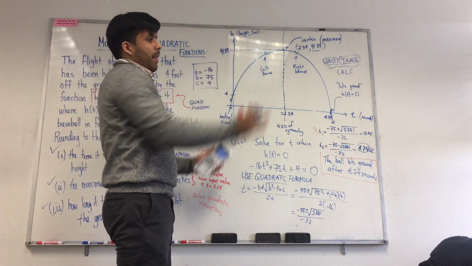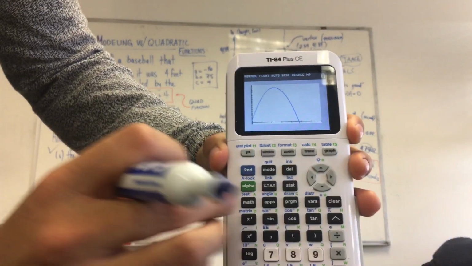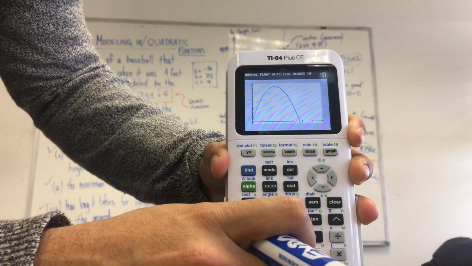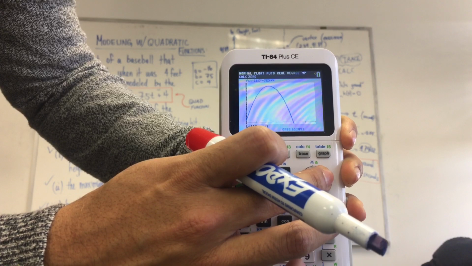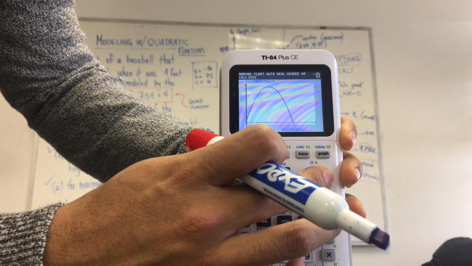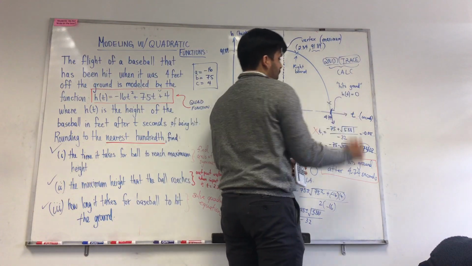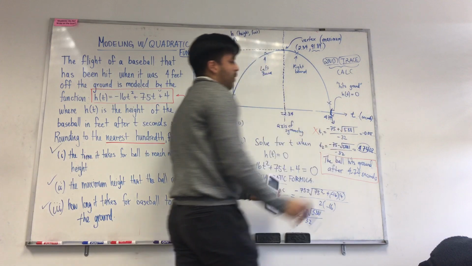Once you have this graph, there's a function here that you can use. Again, you use second trace, and it's calc, and you go to 0. Again, we're going to use this idea of left bound and right bound. I'm going to use the left bound, which is a little bit to the left of my point of interest, and the right bound.